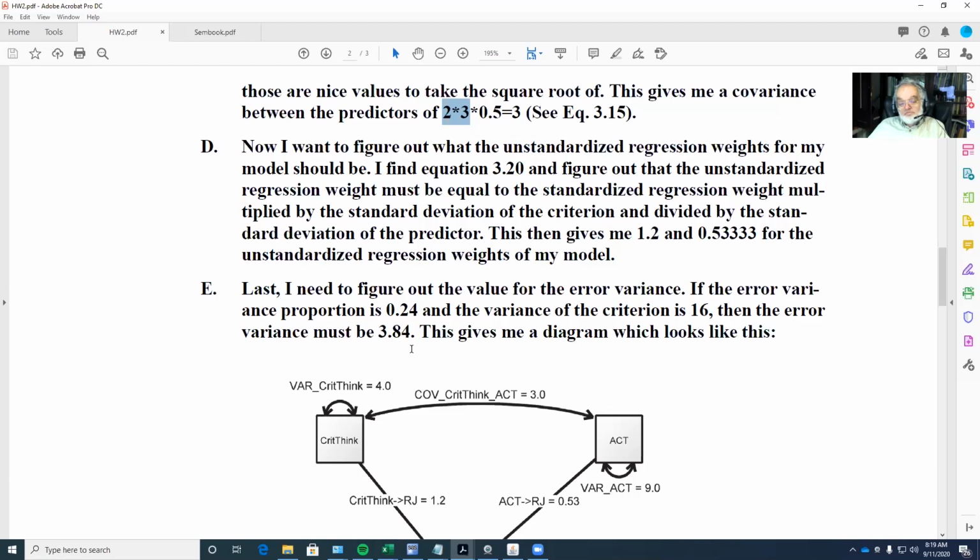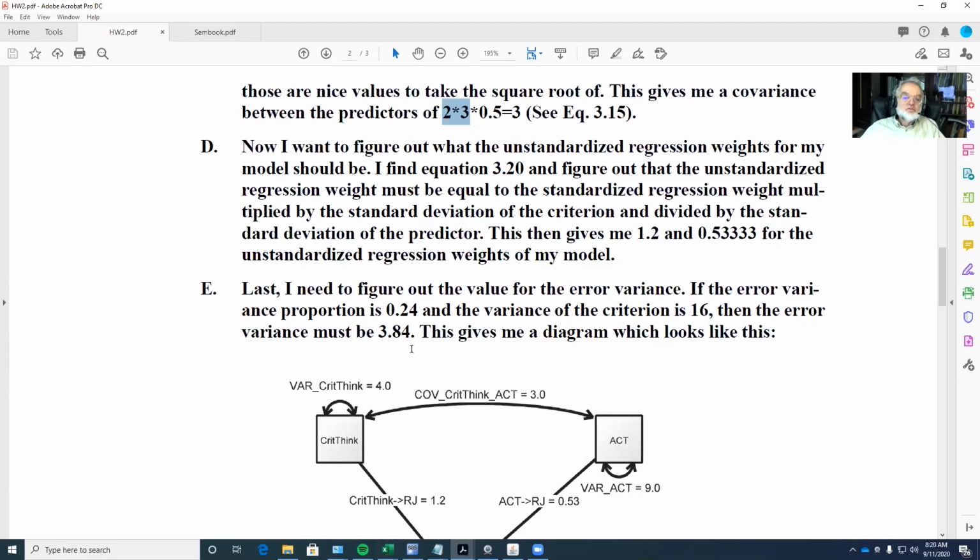And I joked about that. Whenever you want to think about how to go from an unstandardized to a standardized regression weight, you always remember that term beta B sexy. Beta, the standardized regression weight, is equal to B, the unstandardized regression weight, times the standard deviation of X divided by the standard deviation of Y.